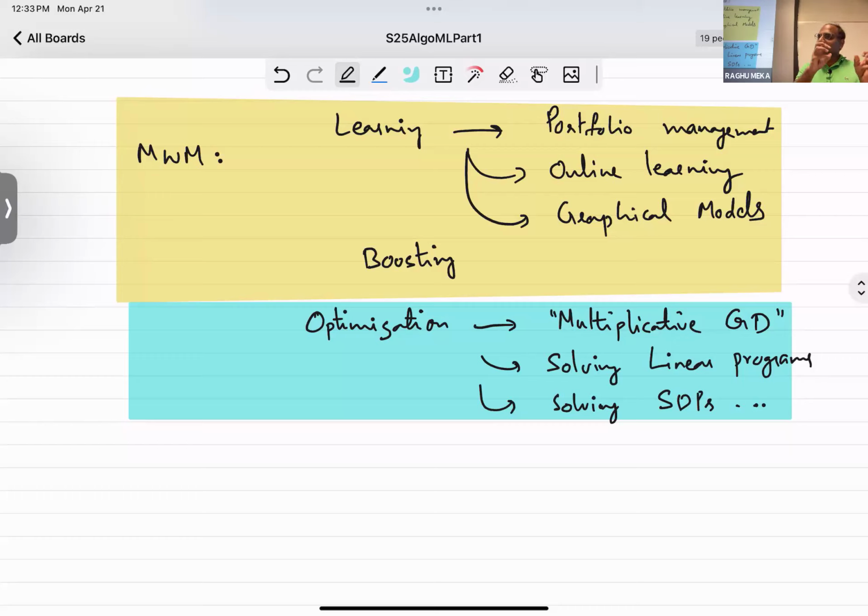Can I somehow just use this and tweak it, or maybe change the data set or do something like that, to boost the accuracy all the way to 99%? Can I do that? Surprisingly, you can. And that's called boosting. You're going to combine weak learners, each one, let's say, gets 55% accuracy, and combine them in some suitable way to get 99% accuracy.